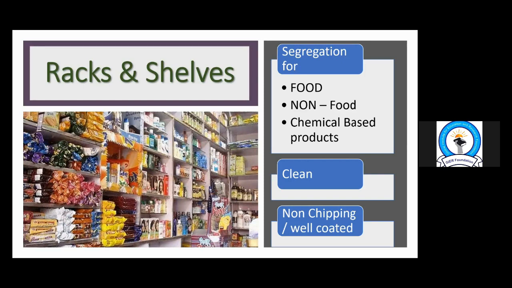Keep your food items on the food rack only, and all chemical-based products, for example detergents, sanitizers, toilet cleaners, sometimes toilet acid also, because you are in a retail shop. Please make sure all chemical-based products are kept at least 3 to 5 feet away from the food racks, so that there is no cross contamination even through smell.